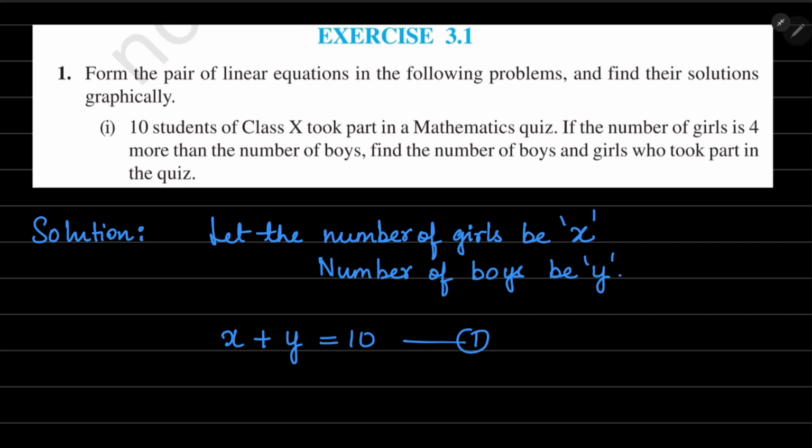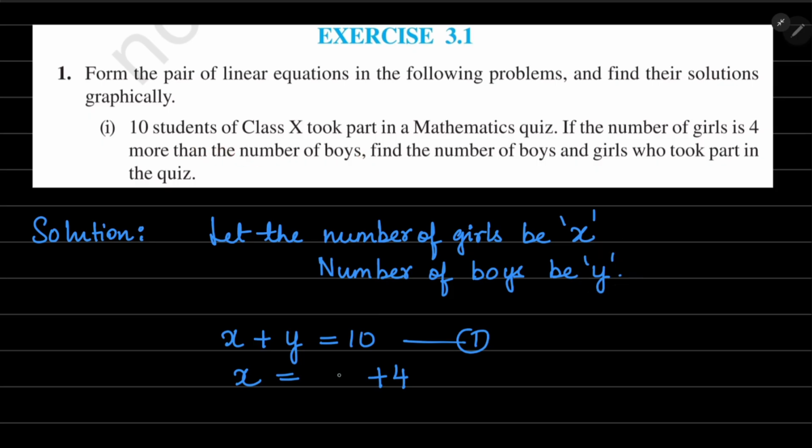And the second equation is: the number of girls is x, and x is 4 more than the number of boys. 4 more than means plus 4. How have we denoted the number of boys?